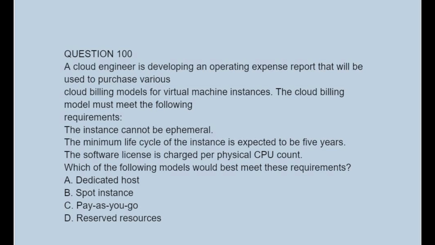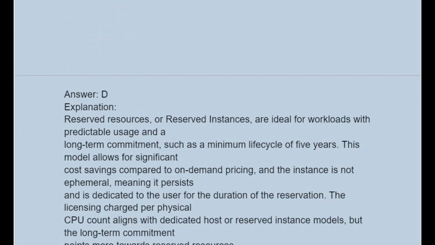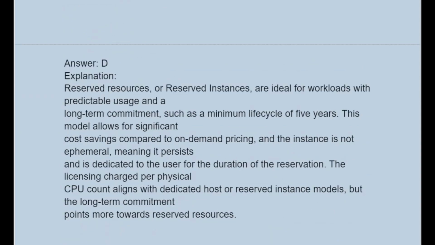The software license is charged per physical CPU count. Which of the following models would best meet these requirements? Option A. Dedicated host. Option B. Spot instance. Option C. Pay as you go. Option D. Reserved resources. Correct answer is option D.